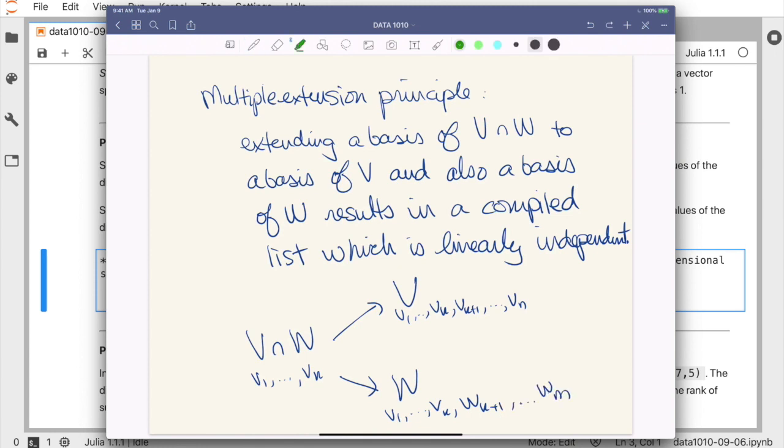The multiple extension principle says that if we have a vector space which is an intersection of 2 other vector spaces, that's V intersect W here, we can extend that basis to a basis of V, and also we can extend it to a basis of W. And if we take all of the vectors in the original basis together with all the vectors we tacked on separately in the two bases, one of V and one of W, together this compiled list of vectors forms a linearly independent set.